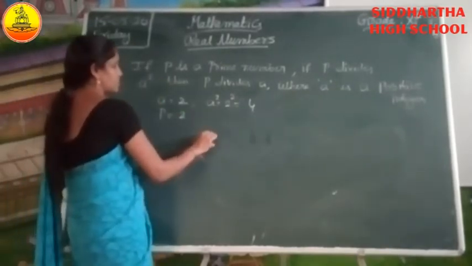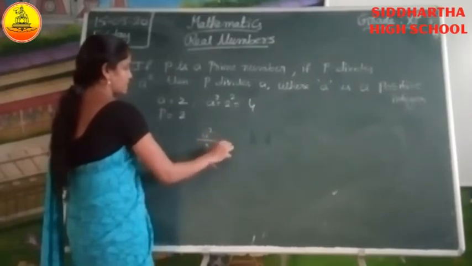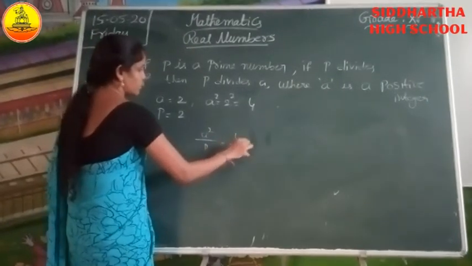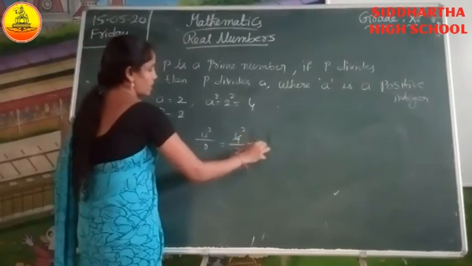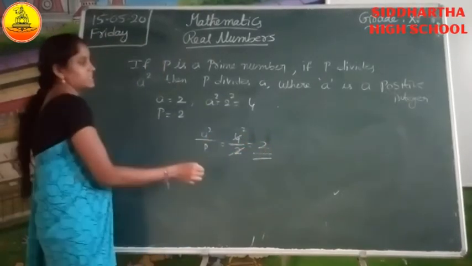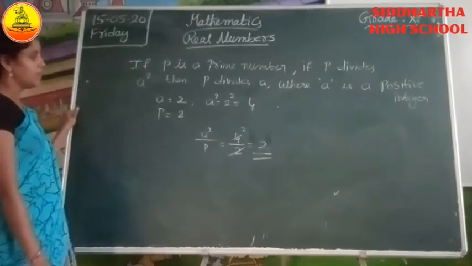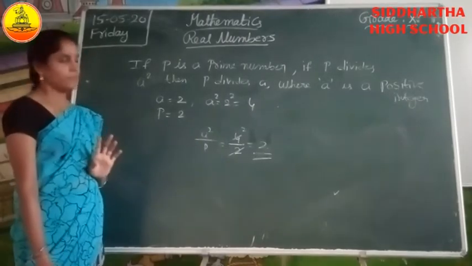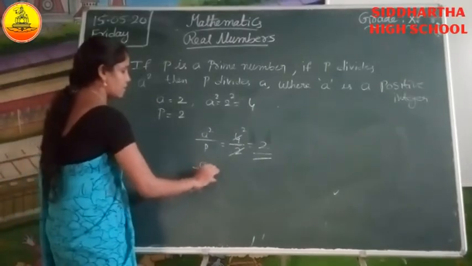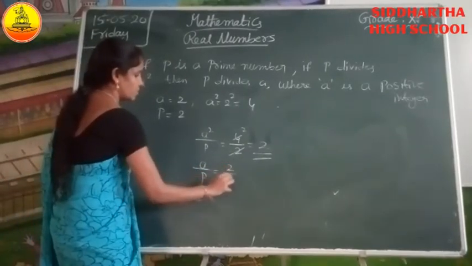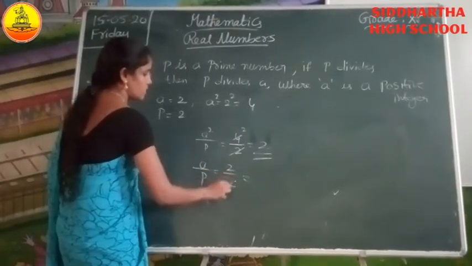That means we have to take a square by p. A square is 4, by p value 2. It is divisible or not? How many times? 2 times. It is exactly divisible 2 times. That means p divides a square. Then p divides a also. You see? That means you check a by p. A value is 2, p value is 2. 2 by 2 how much? 1.